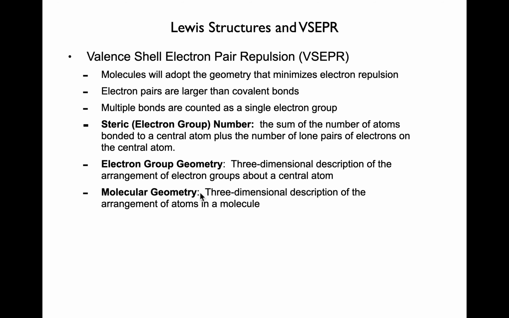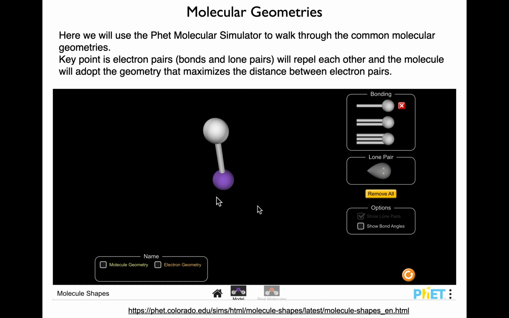We're going to differentiate that from the molecular geometry. The main difference is that the molecular geometry only concerns itself with the arrangement of atoms. So the molecular geometry and the electron group geometry will always be the same if there are no lone pairs. Once you have a lone pair of electrons, the electron group and molecular geometry will be different.